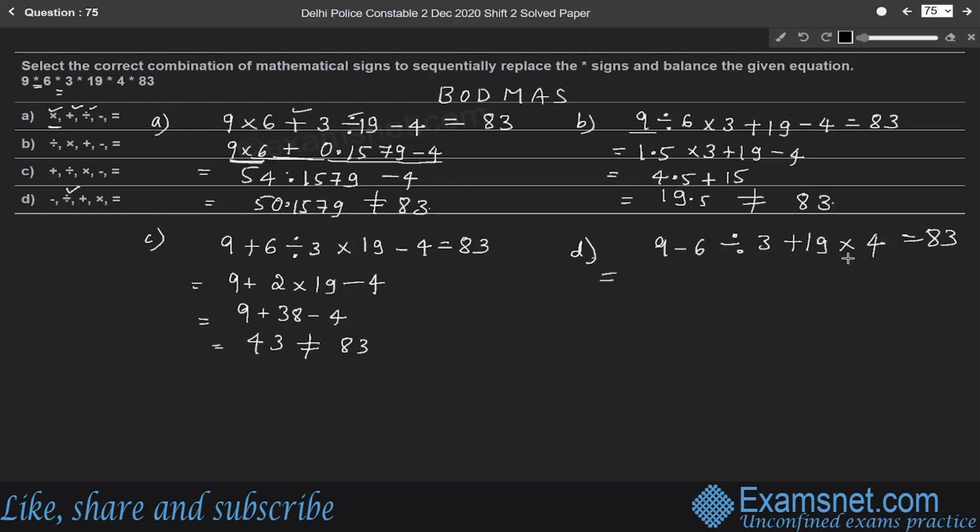So let us check with the LHS part. 9 minus 6 by 3 is 2, plus we can go with the multiplication part simultaneously. Plus 19 into 4 is 76. So 9 minus 2 is 7, plus 76 is 83. Therefore, option D is the right answer. So these signs balance the given equation.